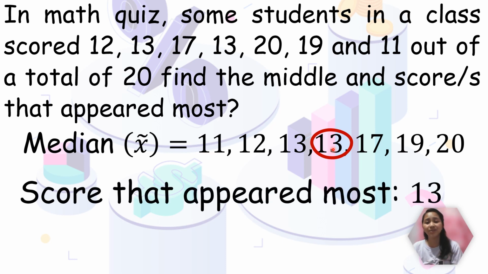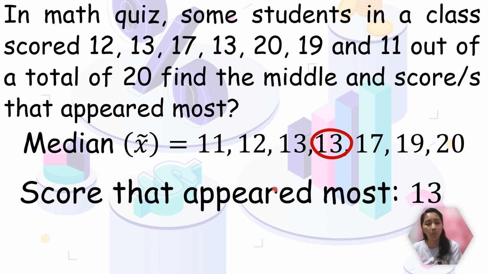Let's have now the scores that appeared most. It's obvious that among all the given set of data, the number that appeared most is 13. Remember, if there is 211, 212, 213, 217, 219, and 220, ibig sabihin, there is no such score that appeared most.